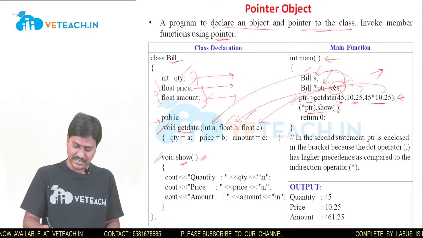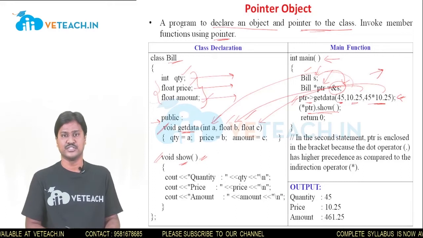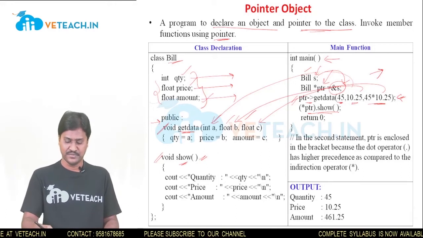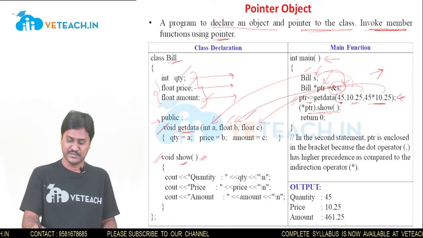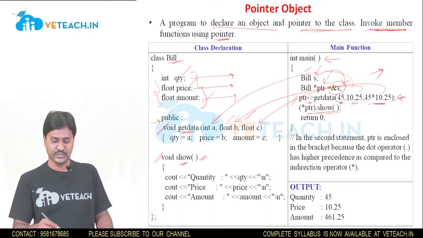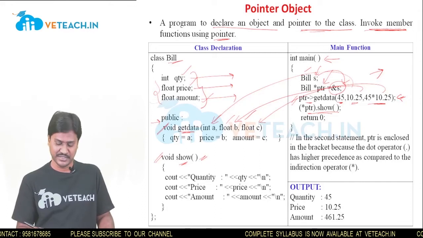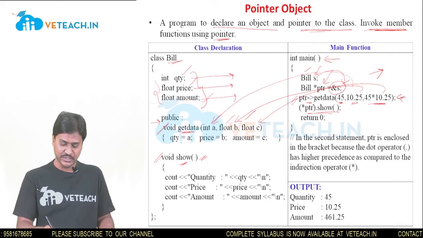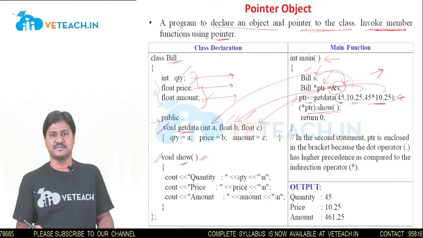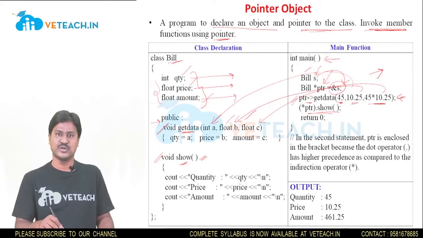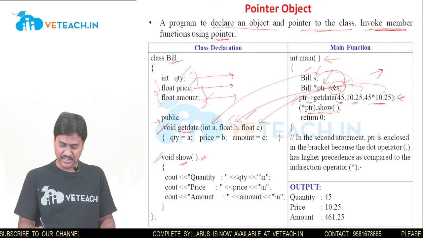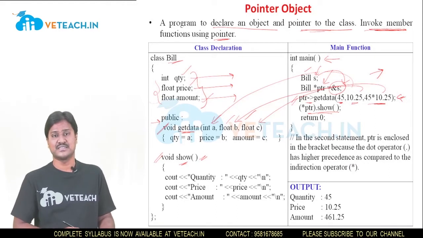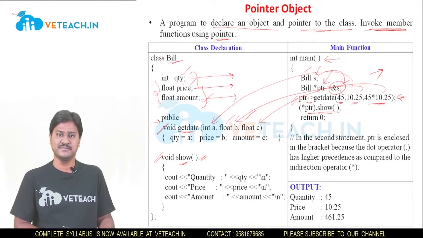And this is another scenario, to call the member function show. I am showing two different scenarios of how to access, that is invoke, the member function using the pointer object. Here we write (*ptr).show. What does *ptr indicate here? The dot has higher precedence than star.